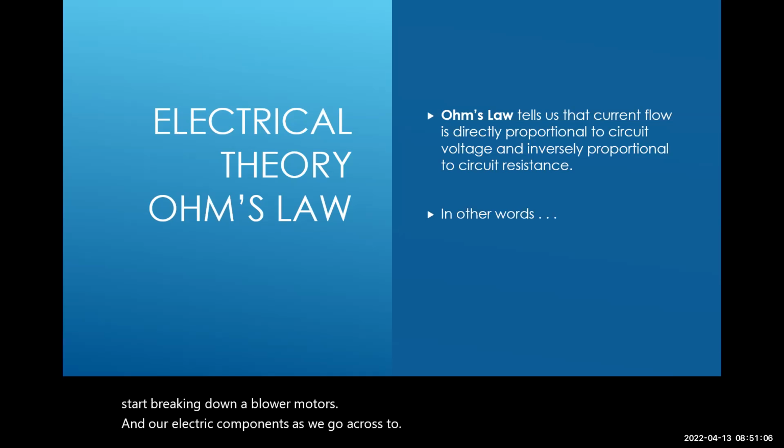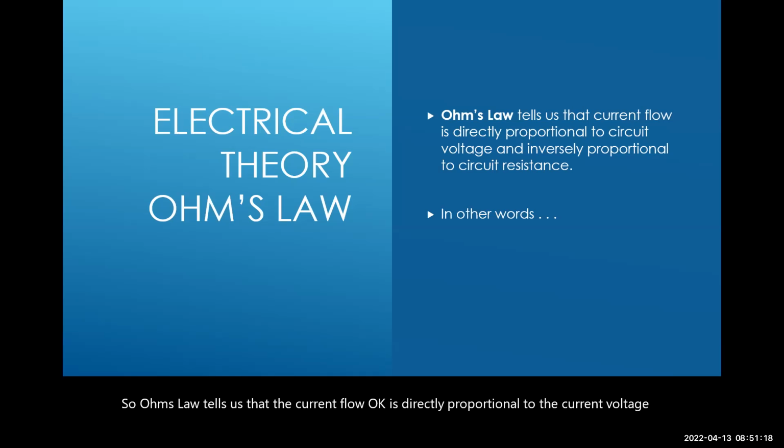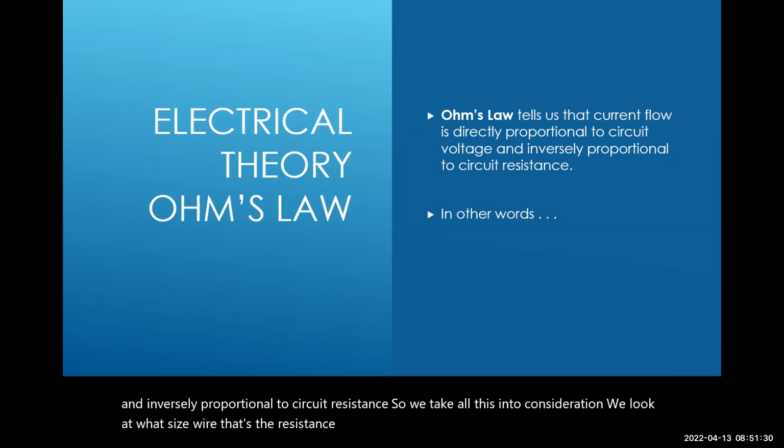So Ohm's law tells us that the current flow is directly proportional to the voltage and inversely proportional to the circuit resistance. So we take all this into consideration. We look at what size wire, that's the resistance, what size bulb we have, that's the resistance.